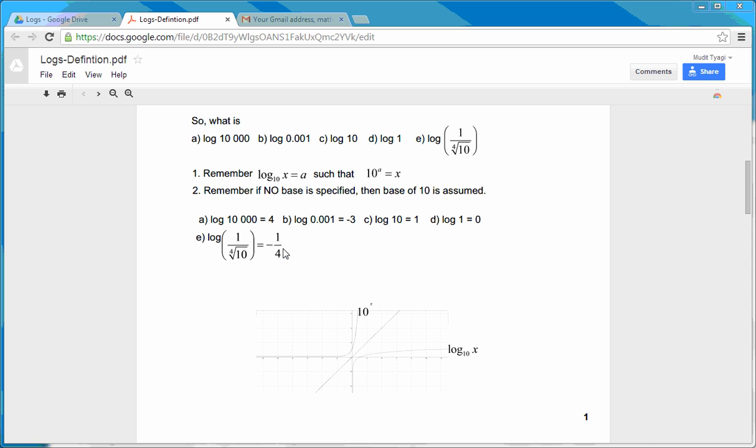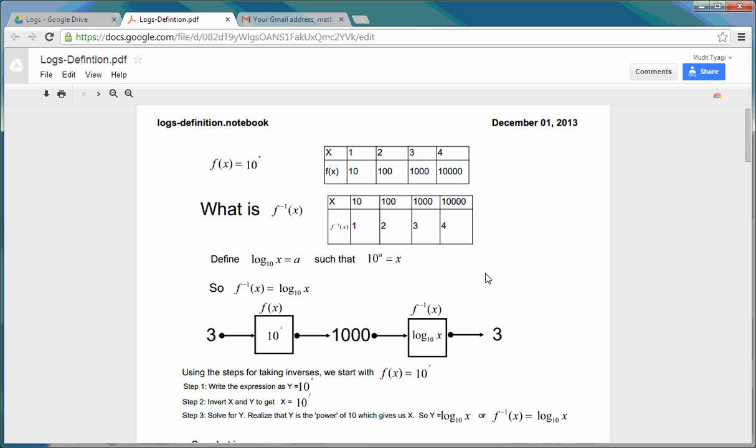So I hope with that we clearly see that logs are defined in the following fashion, where log of x to the base 10 equals a means that 10 raised to the power of a is equal to x. We can clearly see that log of x to the base 10 is the inverse function of the function 10 to the x.